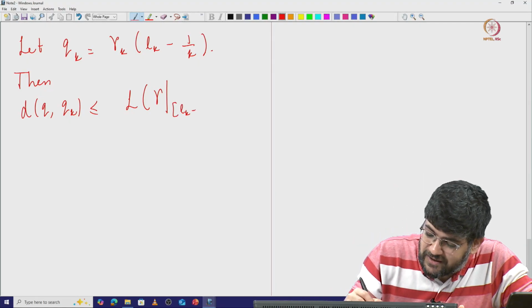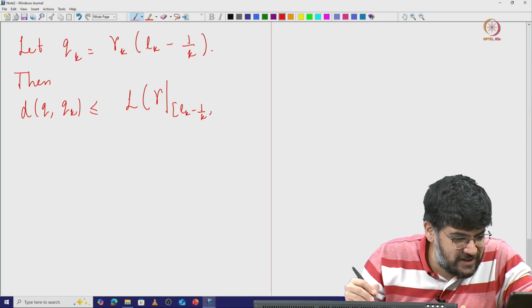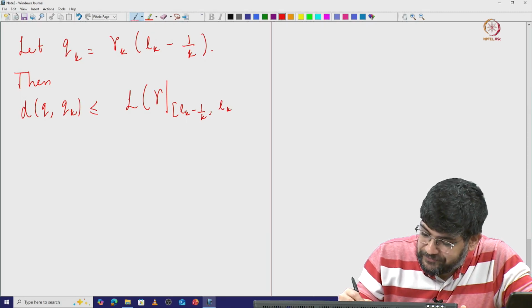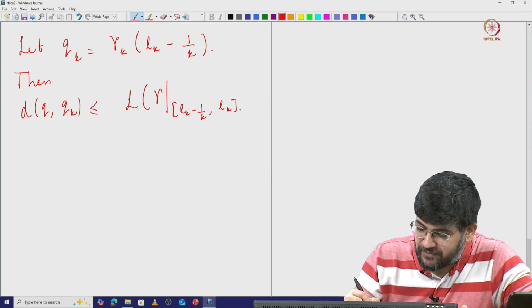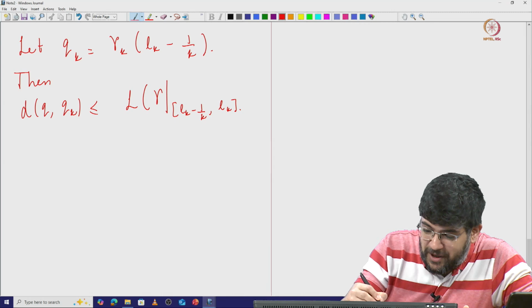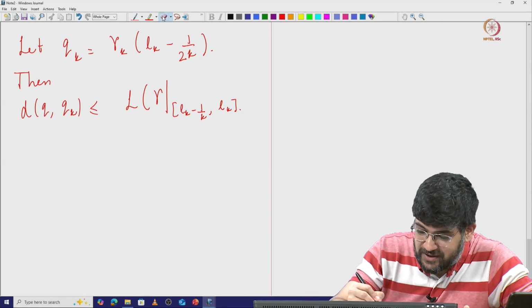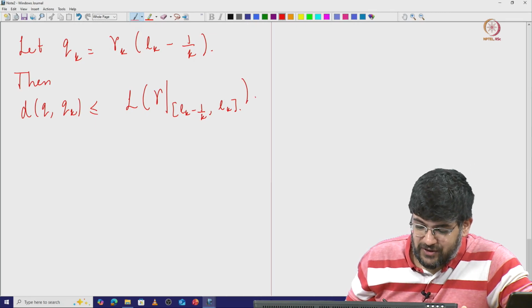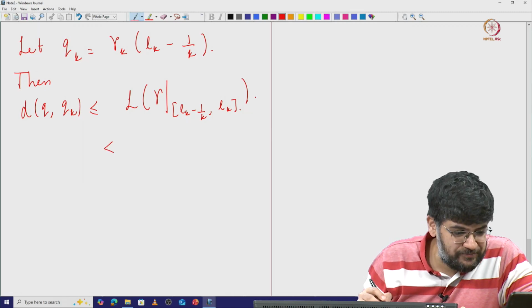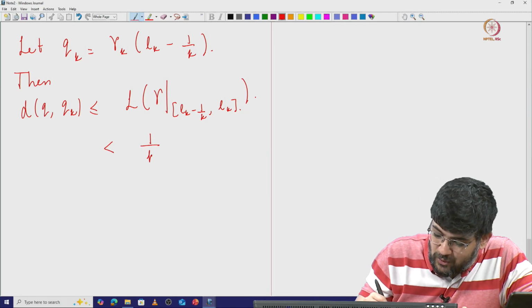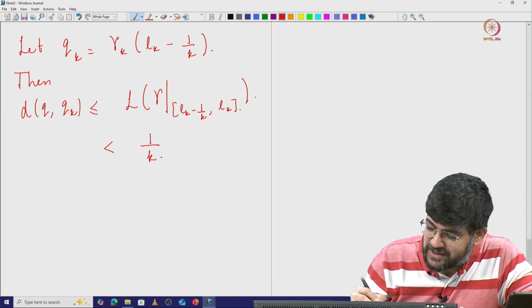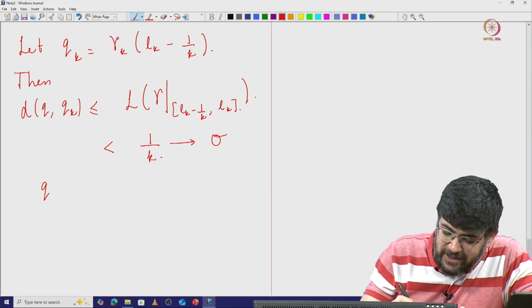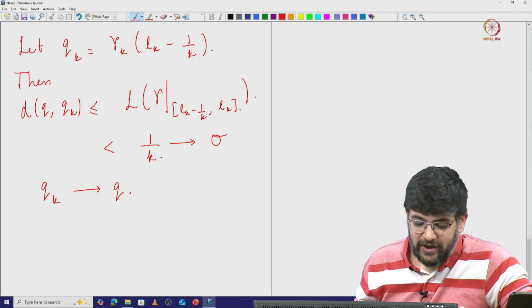So this is going to be less than 1 by k, which of course goes to 0. So which means that qk's converge to q.